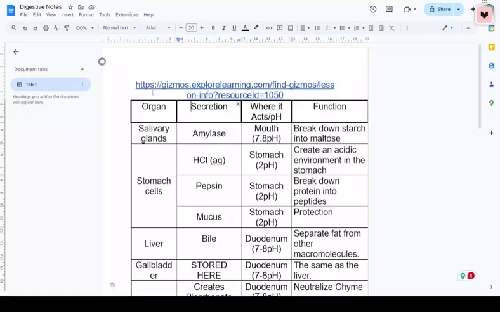It's going to use this bile to actually break down the fats. Okay, that is that, and gallbladder. Bile is stored completely in the gallbladder, so that is the sole purpose of the gallbladder. That's pretty straightforward.